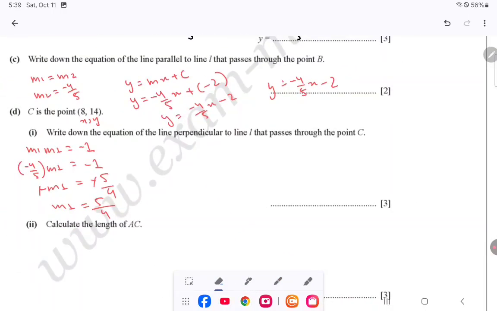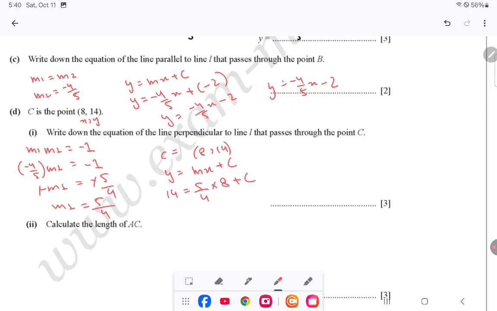Now C is given as (8, 14). Use the line equation y equals mx plus c. The given value of y is 14, equal to m, which is 5 over 4, times x, which is 8, plus c.